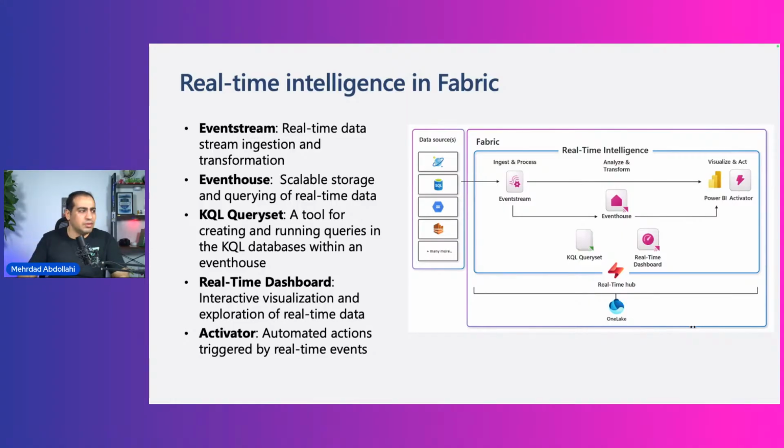We will have a look at that one as well. One of the items I mentioned is the activator, and the data can also be shown in Power BI. Just one thing, the event stream can be accessed using endpoints as well.